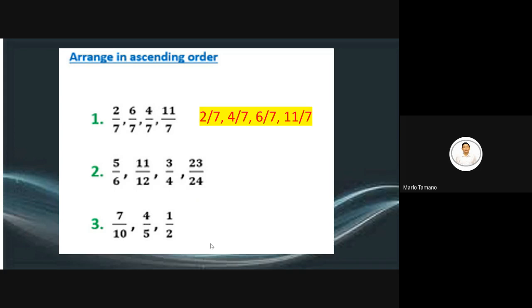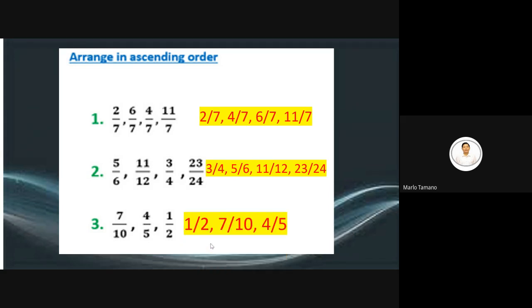Then, of course, number 3, yung number 3 natin, you simply get the LCD. Then after getting the LCD, that's what you're going to convert or change all the fractions into their similar fractions. No? Kapag similar fractions na, pwede na ninyong i-arrange ng gusto ninyong arrangement if it is ascending or descending. Ayan. So 1/2, 7/10, 4/5.